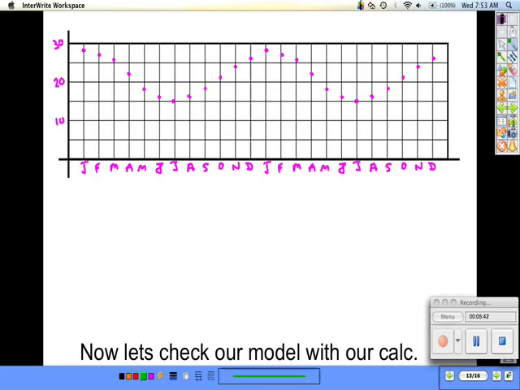So to find the amplitude, what we can do is take the maximum minus the minimum, that would be the difference of them, and cut it in half. Therefore, A will be equal to 6.5.